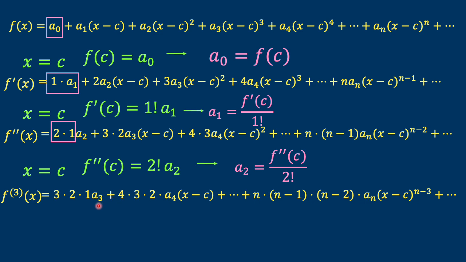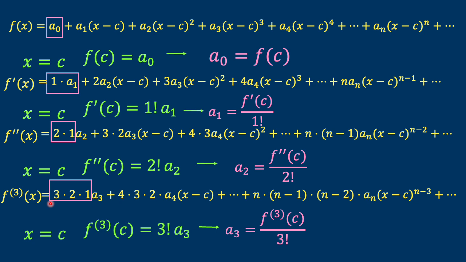I think you can guess the pattern. Next we find a3. You plug in x equals c: the third derivative of f at c equals 3 factorial times a3. That means a3 is the third derivative of f at c over 3 factorial.